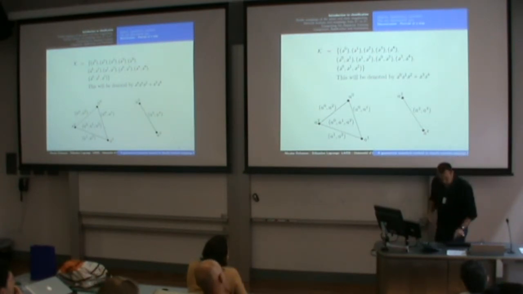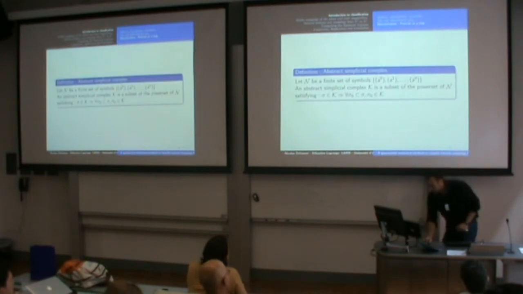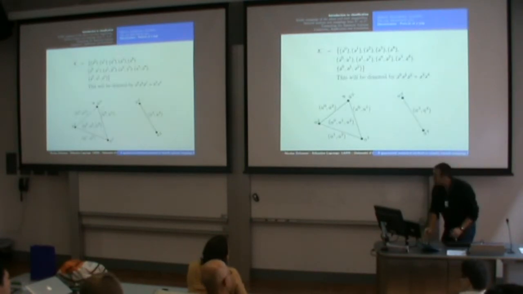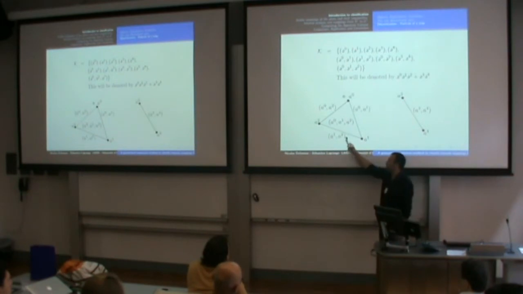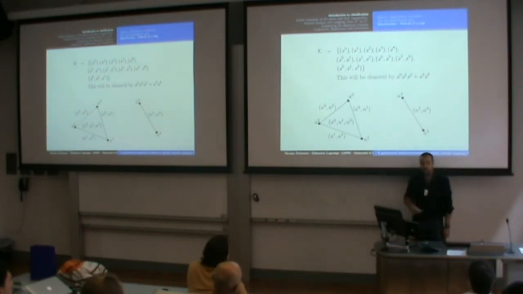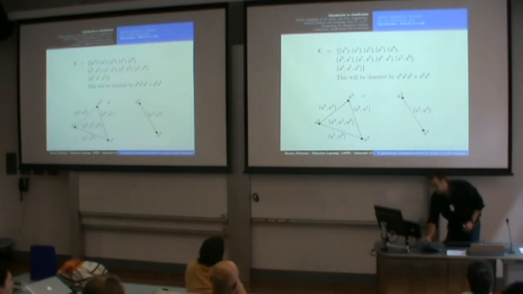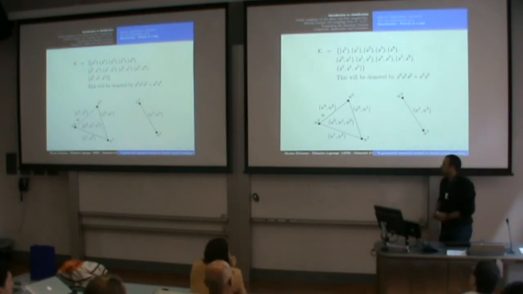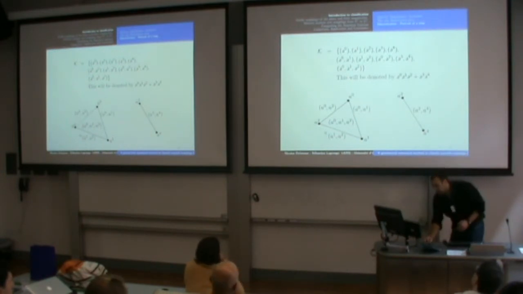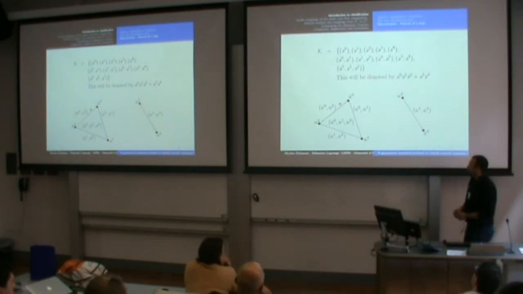So what this relation means is that if you have a triangle, the boundary of the triangle must be inside the simplicial complex that you consider. So for example, if you have this edge, A0, A2, it means that you also have A2 and A0 inside your simplicial complex.